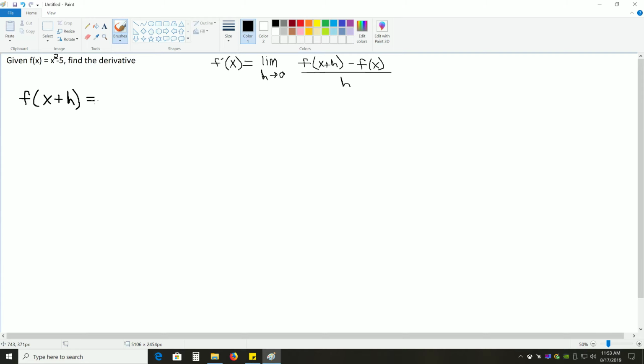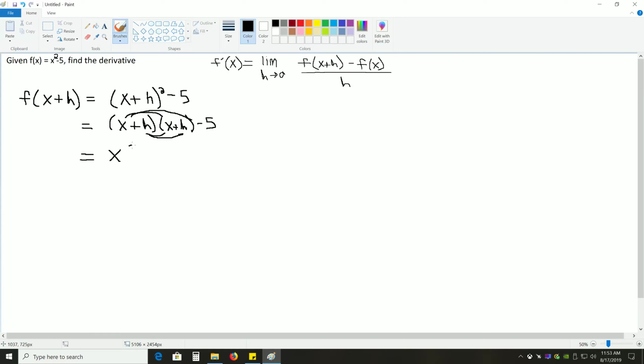So f of x plus h is equal to x plus h squared minus 5. And x plus h squared is the same thing as x plus h times x plus h, minus 5. And now we can start multiplying this out. So I'm going to go through this a little quickly.